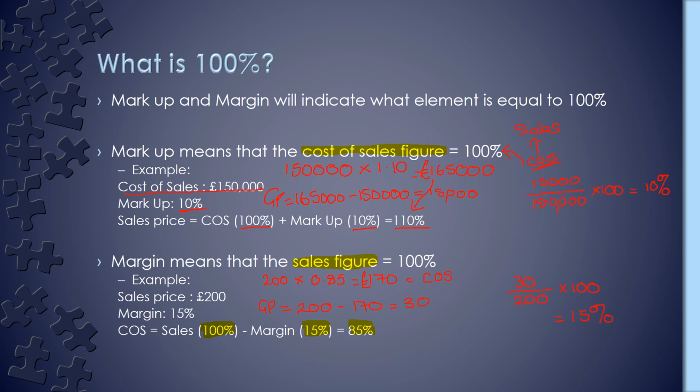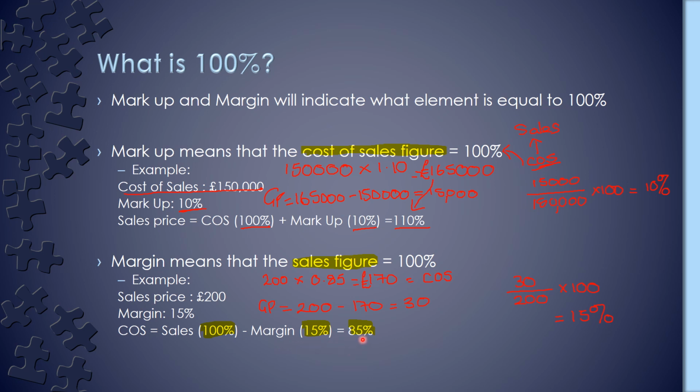So just to recap on that, we started off with a sales price of £200, which we are taking to equal 100%. We're told that the margin is 15%, so we need to work out what our cost of sales is. So our cost of sales is going to equal the sales, which is 100%, less what our margin is.